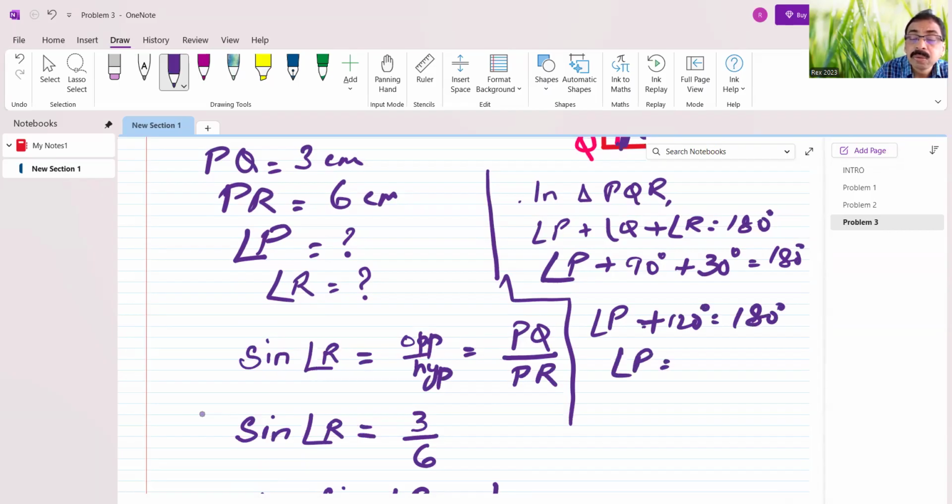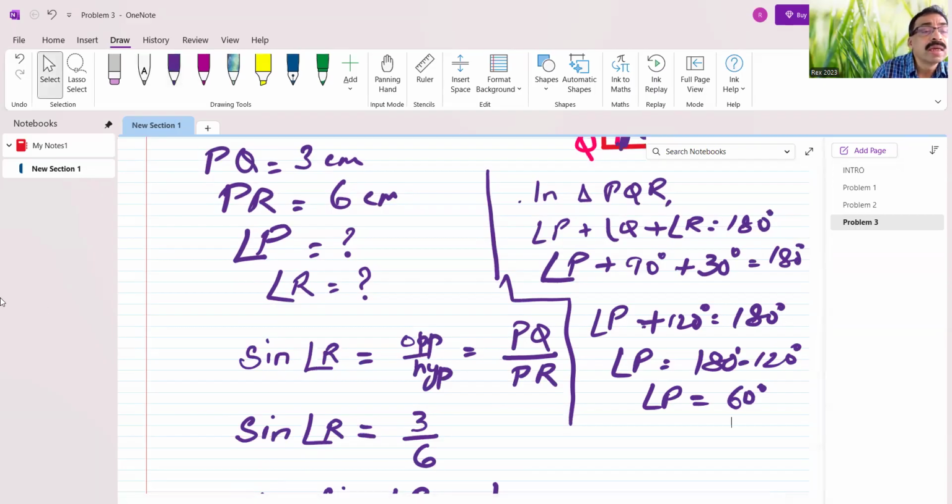Therefore, angle P is equal to 180 minus 120, that is angle P is equal to 60 degrees. So you have found both the angles.